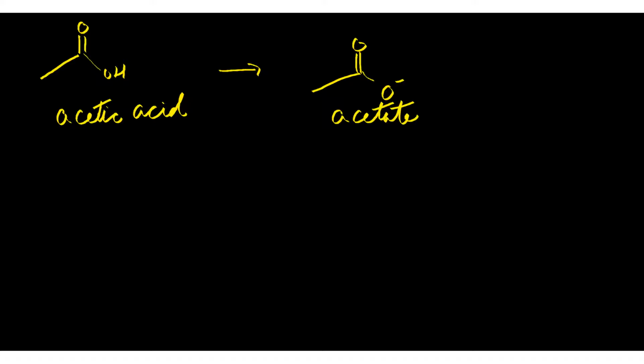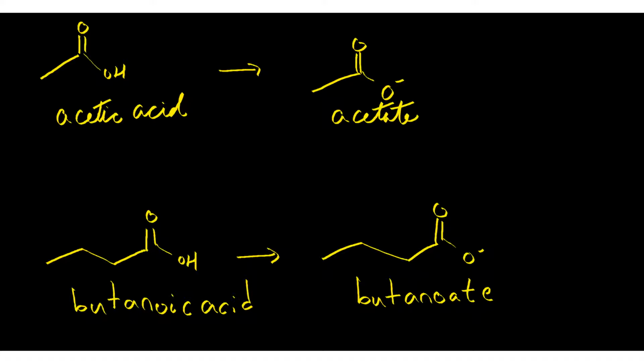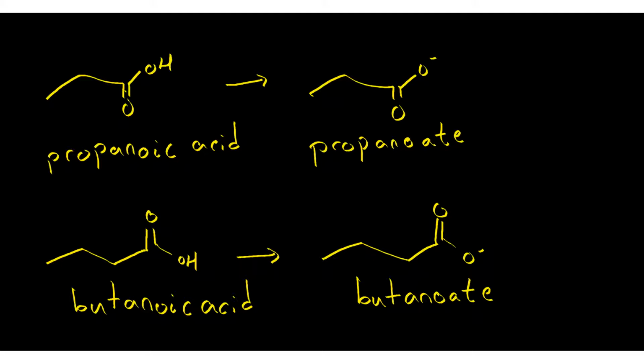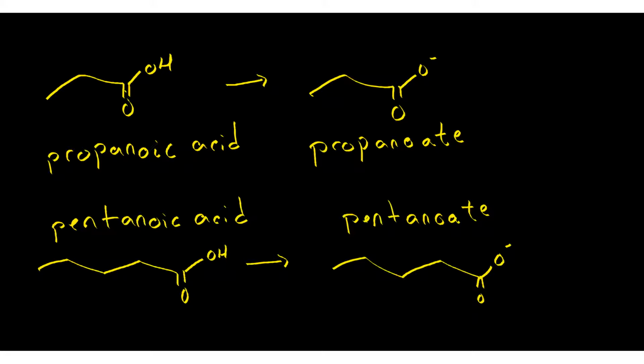Okay, so acetic acid becomes acetate, butanoic acid becomes butanoate. It's an oate. So ethanoic acid would be ethanoate. I got confused because acetic acid is a common name instead of a good name. So propanoic acid, propanoate, butanoic acid, butanoate, pentanoic acid, pentanoate, and so on.